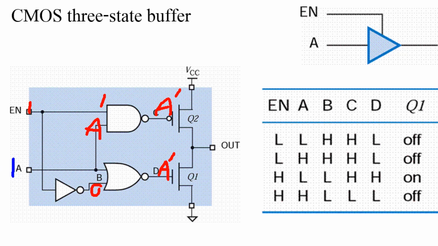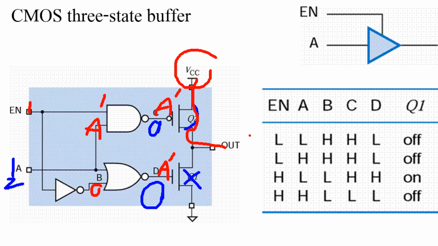But if A is 1, what happened? A invert becomes 0 here, 0 here. So this one is turned on, this one is off. That means now the output is connected to VCC, or becomes high, 5 volt.